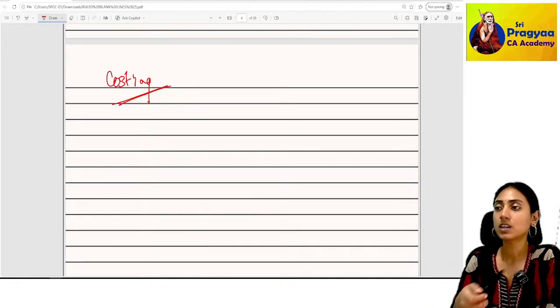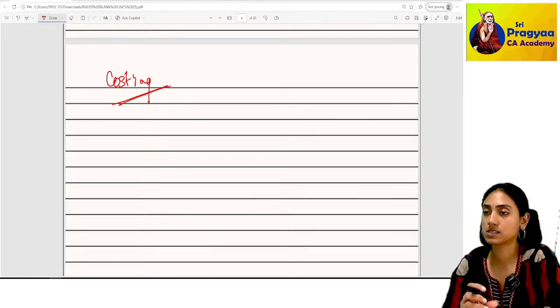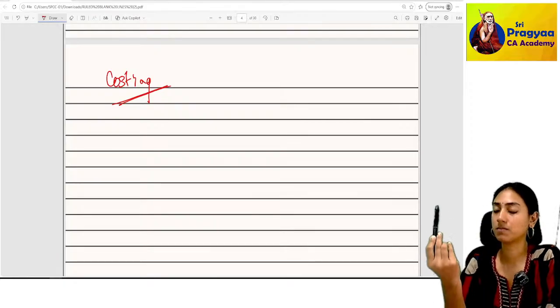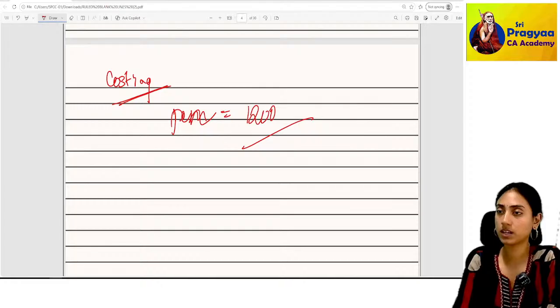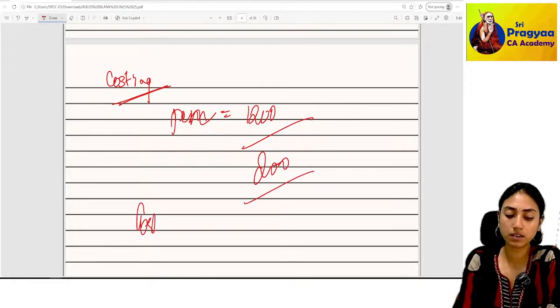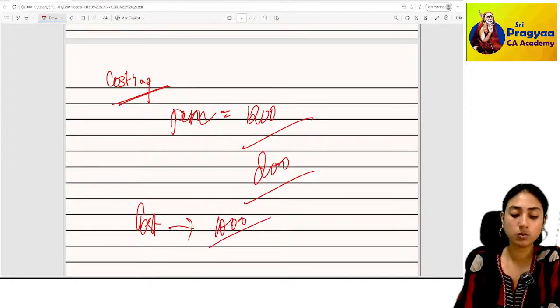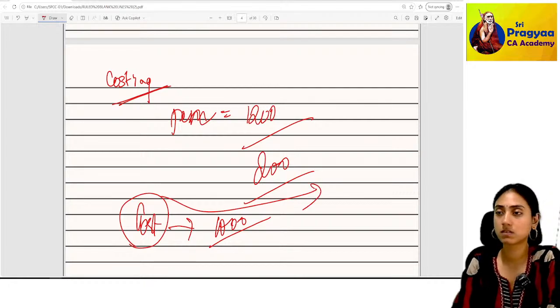Say this pen is sold at 1,200 and the profit is 200. So the cost of making the pen is 1,000, right? So what goes into the cost? What are the elements of cost?